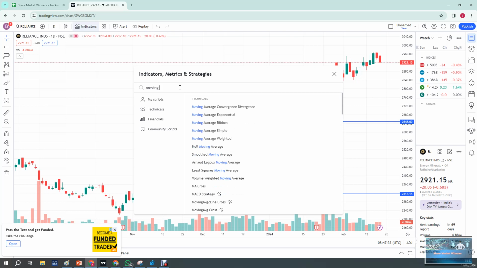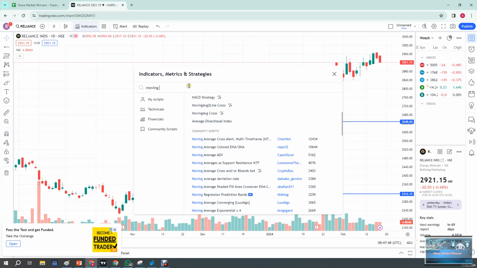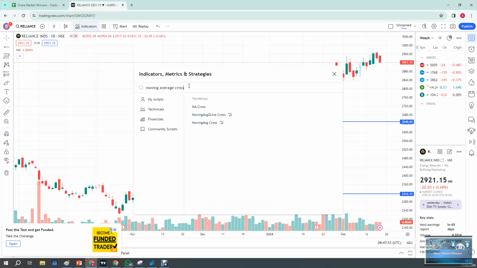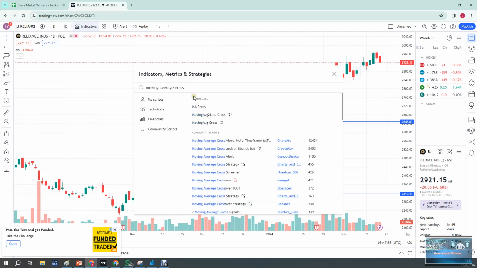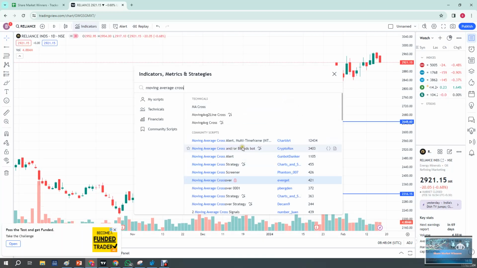So I'm just checking moving average crossover, which will mostly have a combination of two indicators, or a combination of two lines which we are trying to draw. Okay, this is a paid one, so it is not allowing.